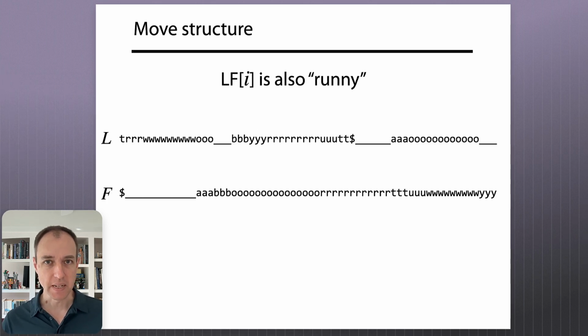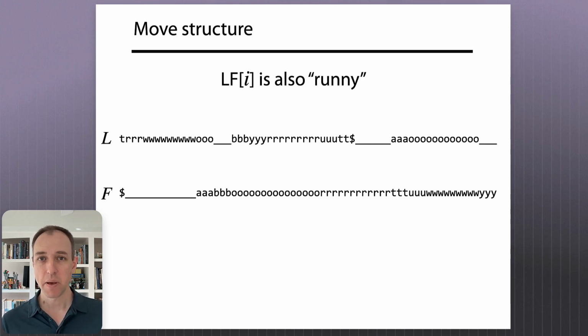Another thing that's runny, and we've sort of seen this in our discussion of the R index and its locate query, but let's look at it again here, is that the LF mapping is also runny. Very early on, discussing the Burrows-Wheeler transform, we talked about the LF mapping. The ith occurrence of a character in the last column of the Burrows-Wheeler matrix corresponds to the same text occurrence as the ith occurrence of that character in the first column of the Burrows-Wheeler matrix.